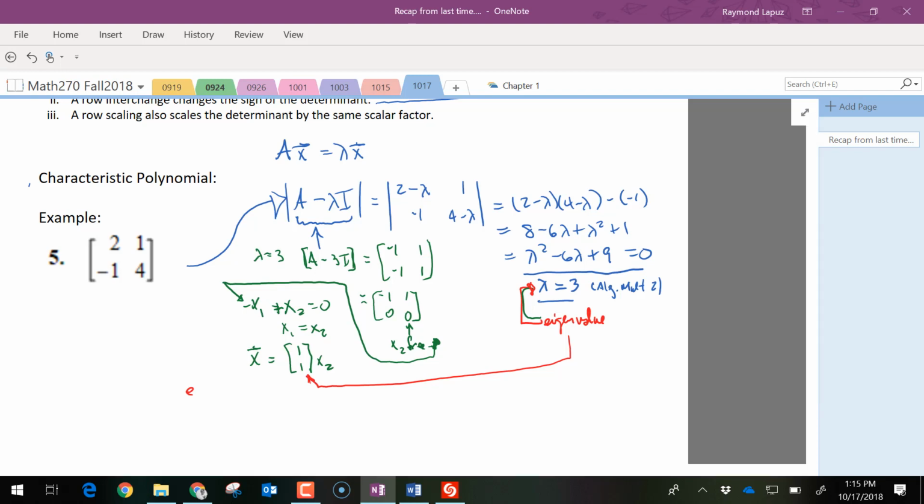In this case, maybe it is a coincidence. That's not always going to be the case.